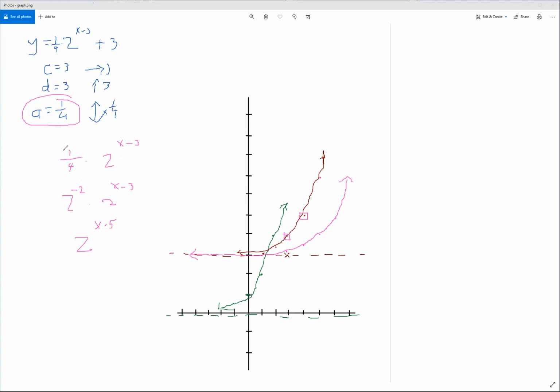So if I basically absorb this vertical stretch into the exponential, I now have a c value of 5. And that's very similar to if I had started right here and done the graph, isn't it? In fact, it's exactly that. So the reason why it looks like we're doing a horizontal shift is because basically we are.